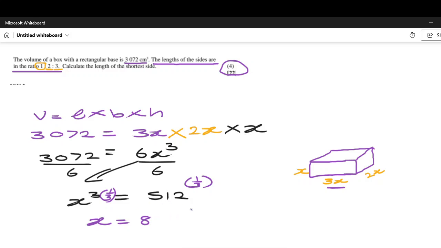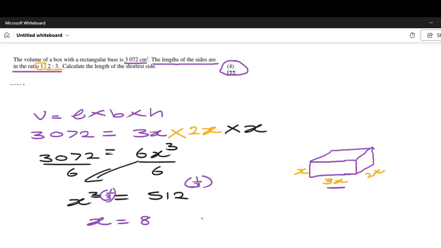Or instead, you can just say x is equal to the cube root of 512, and your answer is going to be 8. It's the same thing, but I like this method because it shows that you understand your laws of exponents. Either way, guys, one way or the other is correct.